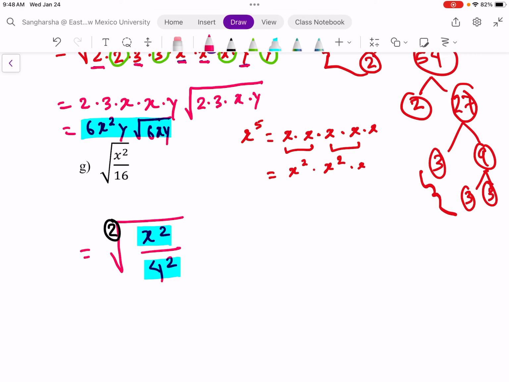So what we can do is write x over 4 outside the radical sign. The exponent has to be the same as the index in order to write it outside the radical sign.